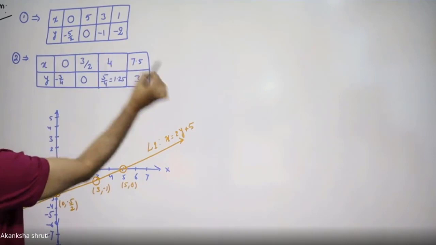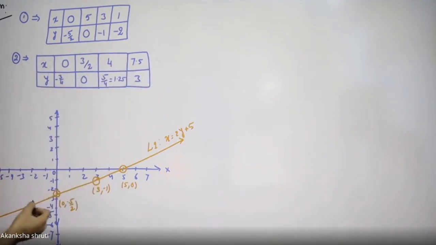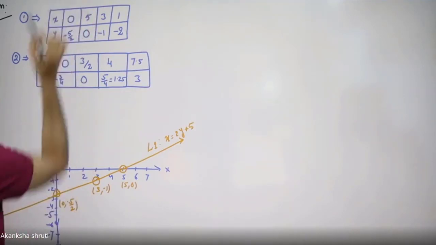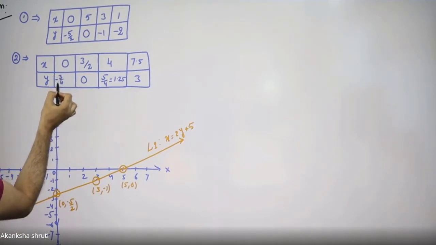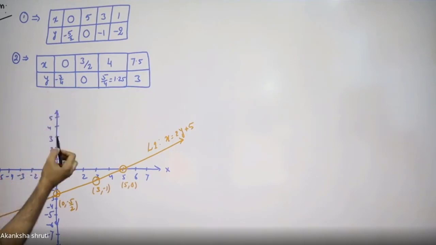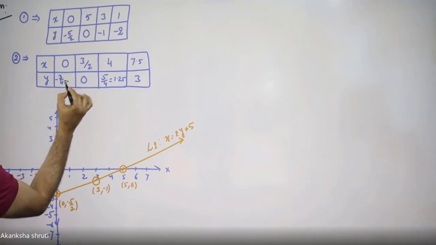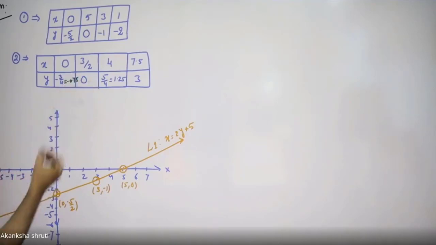Now let us come to the second equation. For the second equation, again we need to plot these points. x is 0, y is minus 3/4, means negative 0.75.